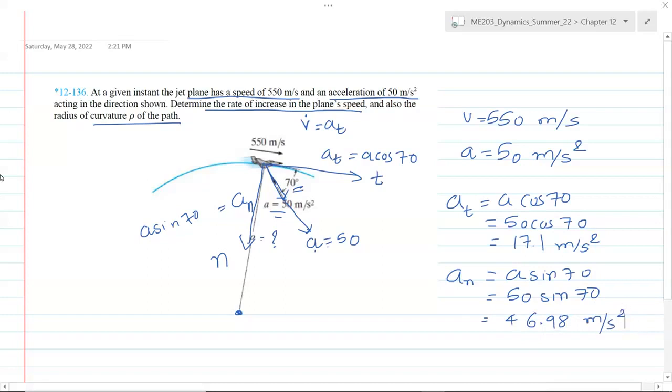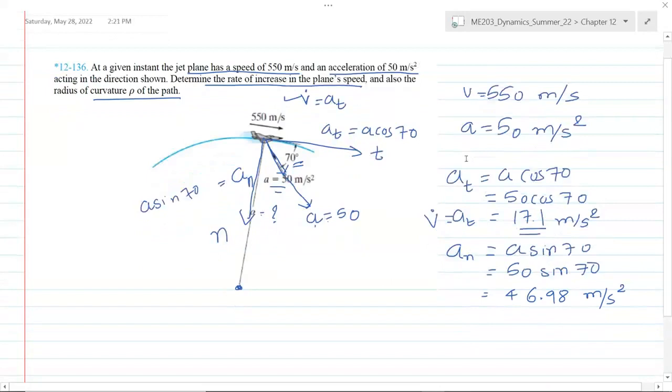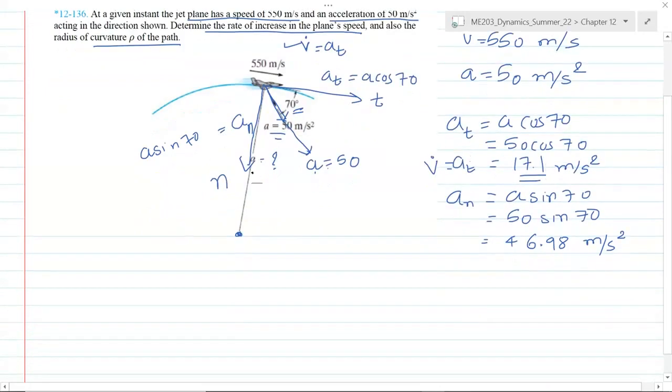So we have already solved for one of the unknowns, v dot. So at is also v dot. So v dot equal to at equal to the time rate of change of plane speed, which is 17.1. How do we get the radius of curvature? For that we use the formula for normal acceleration, which is v square divided by the radius of curvature, which is 550 square divided by the radius of curvature, and an is calculated as 46.98.